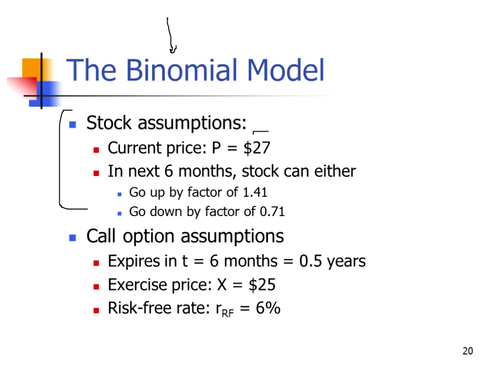The current price of the stock is $27, and you are assessing that in 6 months the stock can either go up by a factor of 1.41 or go down by a factor of 0.71. Other information given is that expiration happens in 6 months, which is half a year, which is 0.5 years. Exercise price is $25, and the risk-free rate, which you can borrow in the market at, is 6%.